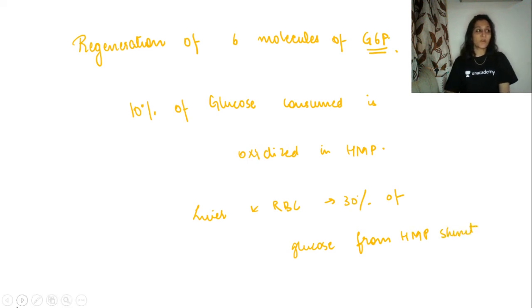Now let us talk about the whole process in a very compact manner. So 6 molecules of glucose 6-phosphate will react with 12 molecules of NADP, and it is going to react with molecules of water, and we are going to get 5 molecules of glucose 6-phosphate.